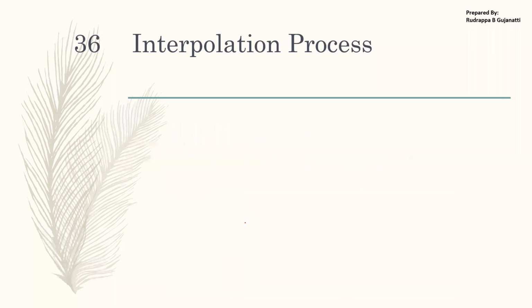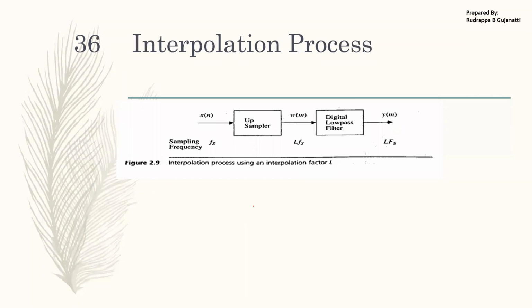If I represent it in block diagram, this is how it is represented. Here x of t is there. I pass it through the sampling unit, so I'll be getting the samples x of n. The sampling frequency is f of s. Once these samples are obtained, I upsample it.